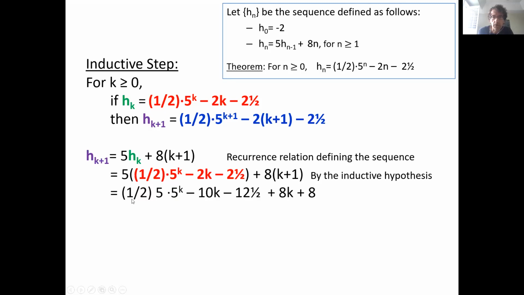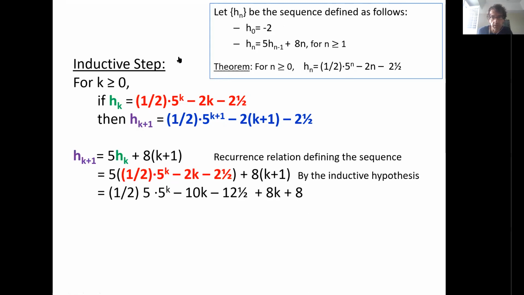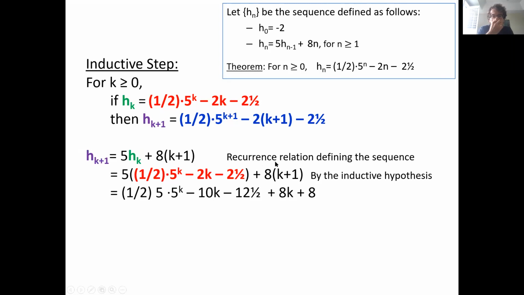Okay, so the rest is arithmetic. You're hoping that this arithmetic stuff is equal to this.